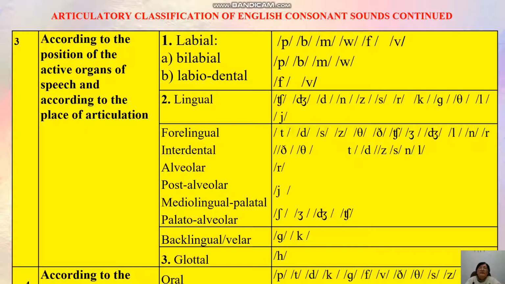Labial, bilabial, labiodental, lingual. Forelingual, interdental, alveolar, postalveolar, mediolingual, palatal or palatal-alveolar, backlingual, velar or glottal.